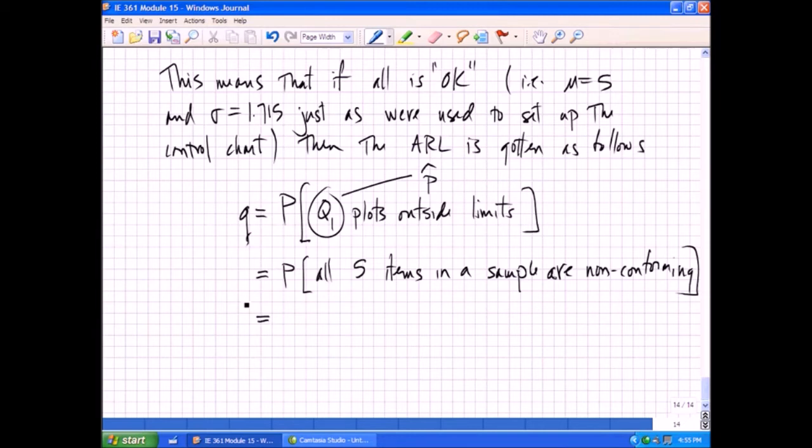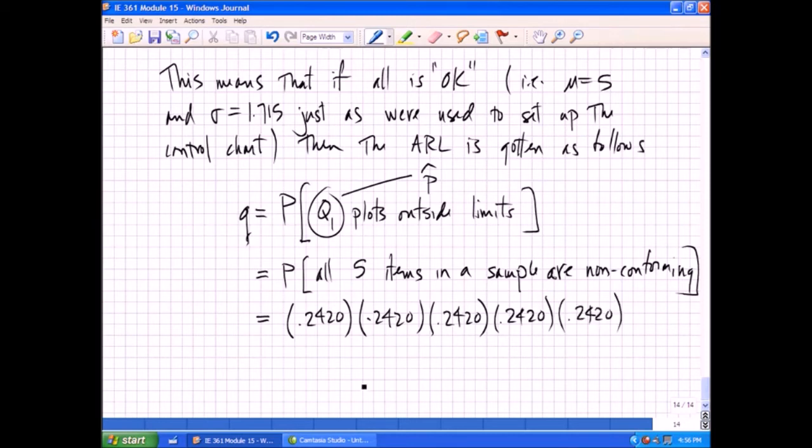Well, how can that happen? The first one has to be non-conforming, and that happens with probability 0.2420. The second one is non-conforming. That happens with probability 0.2420, 0.2420 for the third one, 0.2420 for the fourth one, 0.2420 for the fifth one.